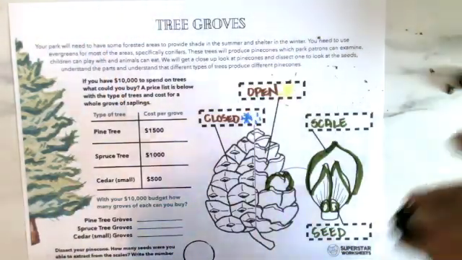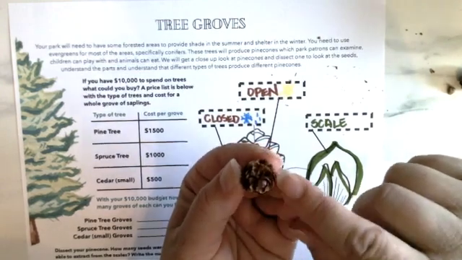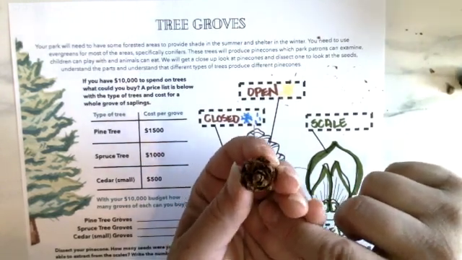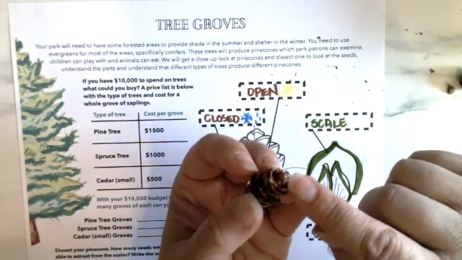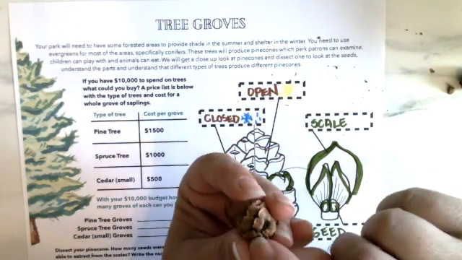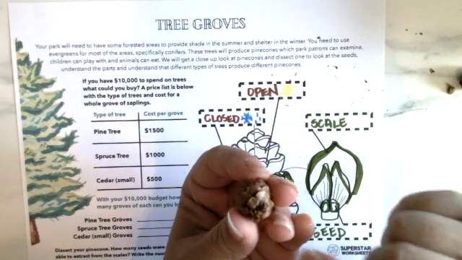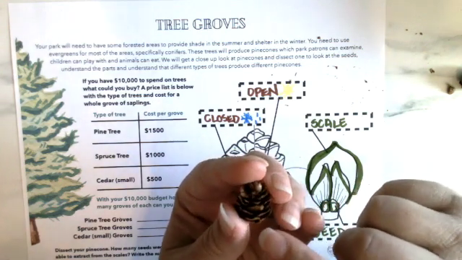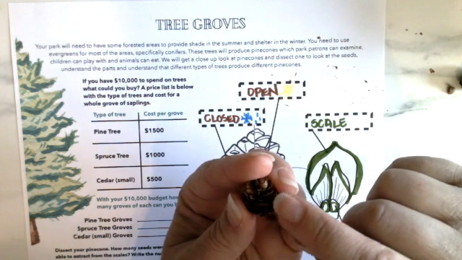Then if you can count how many scales your pine cone has, or you can make an estimate, which means not quite an exact number. So I count 1, 2, 3, 4, 5 scales on the bottom, and I have 1 row, 2 row, 3 row, 4 row, 5 row.